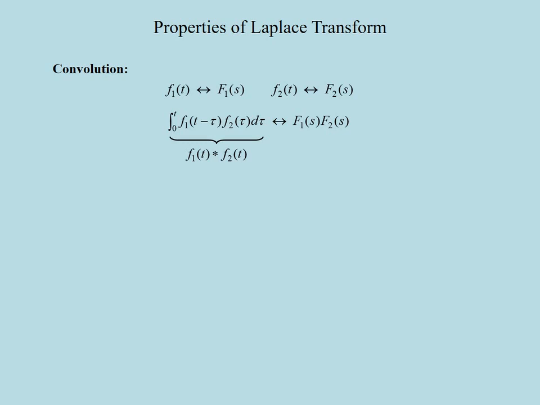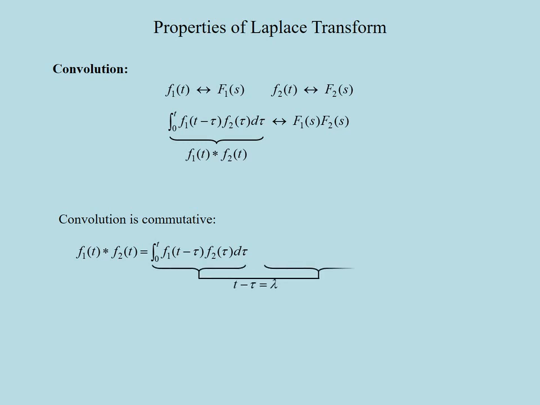In other words, convolution in time domain corresponds to multiplication in frequency domain. Let us first show that convolution is a commutative operation. That means f1 convolves f2 is equal to f2 convolves f1. To show this, we write the convolution integral of f1 star f2 and do a change of variables so that lambda equals t minus tau. Note that if tau equals 0, lambda equals t, and if tau equals t, lambda equals 0.